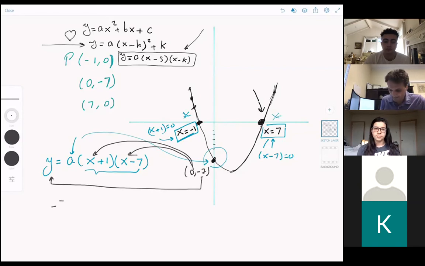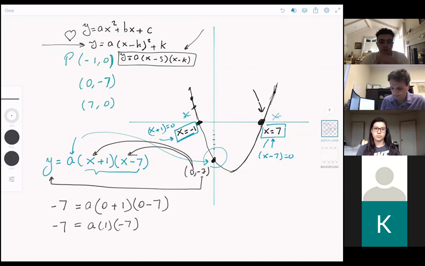So we have -7 equal to a(0 plus 1)(0 minus 7). This is same as a times 1 times -7, which means a equal to 1. Correct? The -7 will cancel, a equal to 1. Okay. So are you confused here?